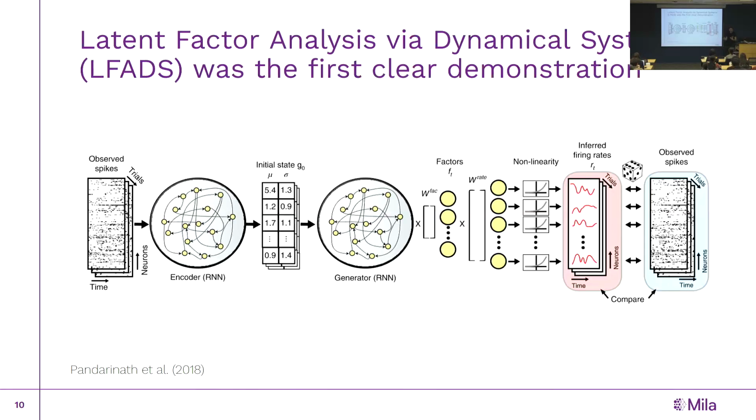It runs through this recurrent neural network, this spits out a set of initial states, this then spits out the dynamics, you get your latent factors, those get turned into firing rates for your neurons, and then you compare to the actual spikes and you see, according to a Poisson distribution, whether you are predicting the spikes correctly with this model.